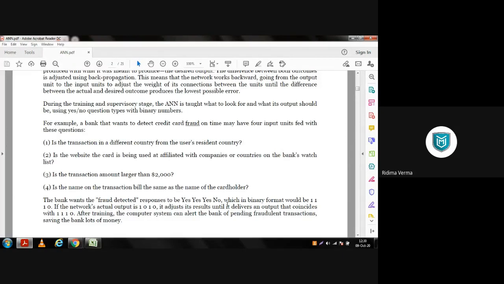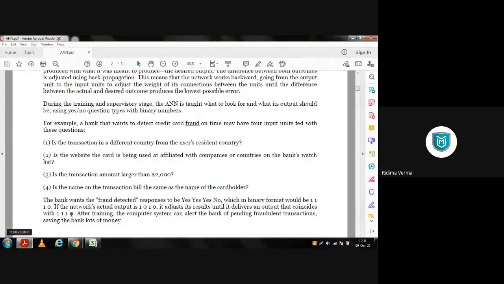The bank wants the fraud detection responses to be yes yes yes no. So they want this desired output, which in binary format will be 1 1 1 and 0. If the network's actual output is 1010, it adjusts its results until it delivers the output that coincides with 1110.